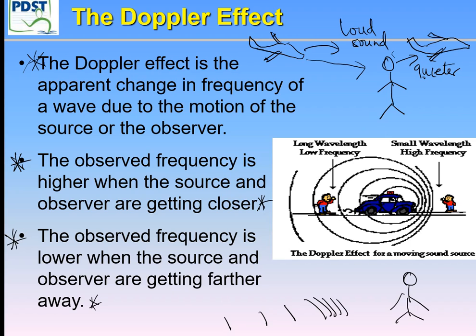While in front of the water, the waves are very close to each other. So as the waves are approaching the person, using the front here, you can see the frequency of these waves is higher than the frequency of these waves.